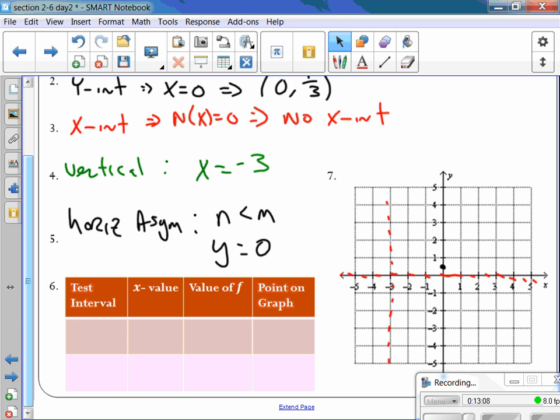So we can go ahead and use these test intervals. Again, that second to last step said to plot a point between each x-intercept and vertical asymptote. So our x-intercept was none. Vertical asymptote, -3.